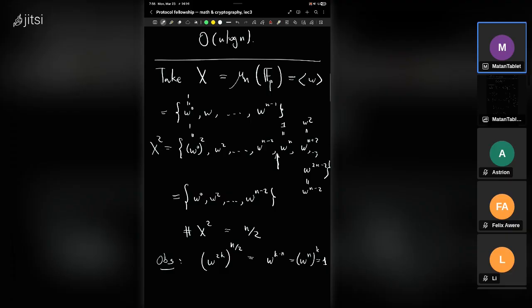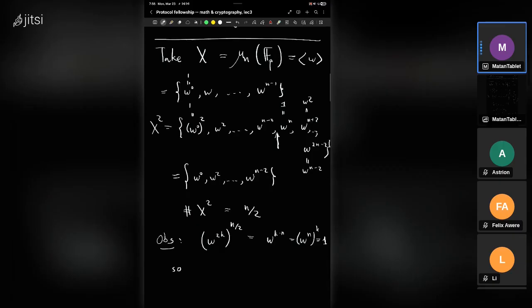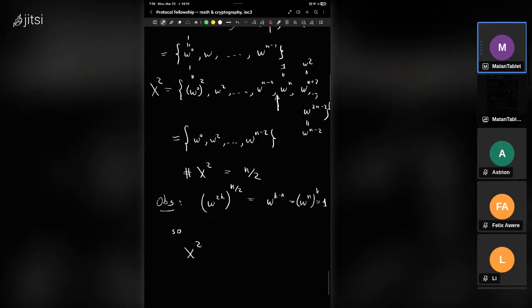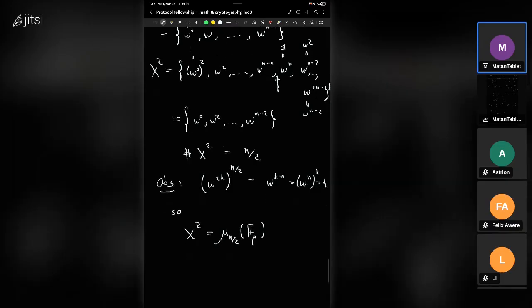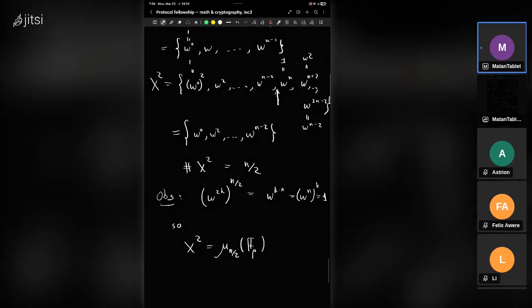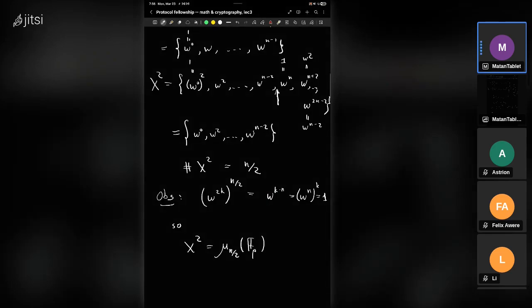So in fact, X squared is the set of n over 2 roots of unity. It's a beautiful phenomenon. This set is so special that once I raise it to the power of 2, I get the n over 2 roots of unity.